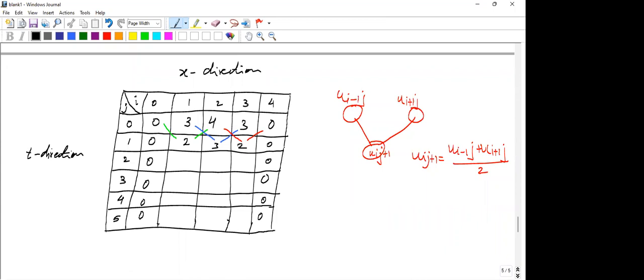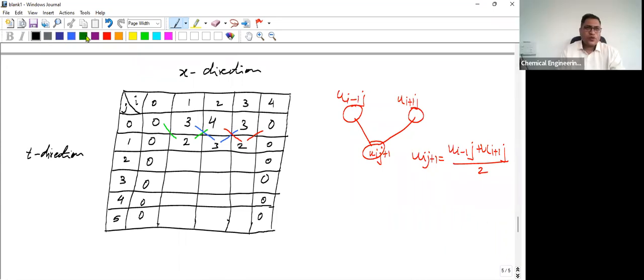Yes, sir. This is comparatively easy. Next, I'll have the average of this value and this value. So is it 1.5?